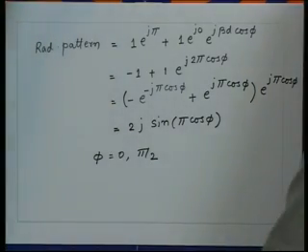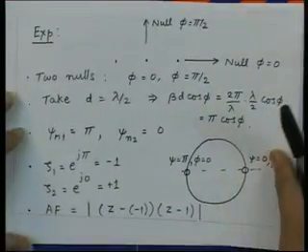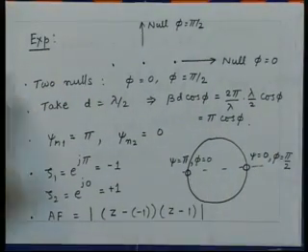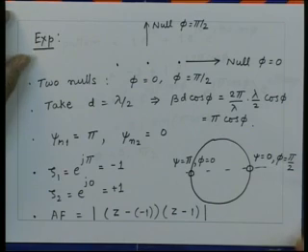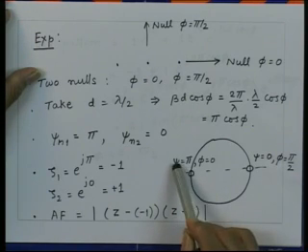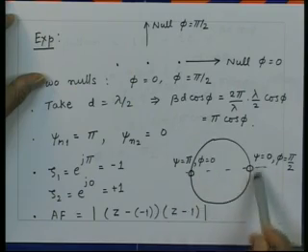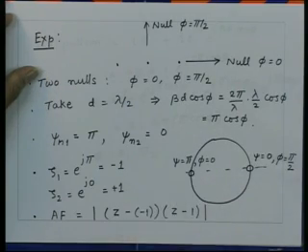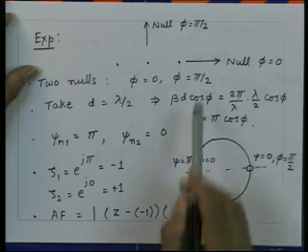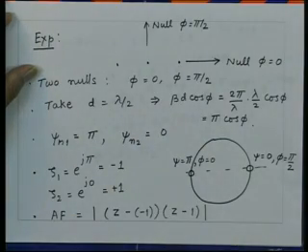One can also note from this direction on the circle diagram that this point essentially corresponds to psi equal to pi, which is this point, but this point also corresponds to psi equal to minus pi, and psi equal to minus pi corresponds to the angle phi which is equal to pi.